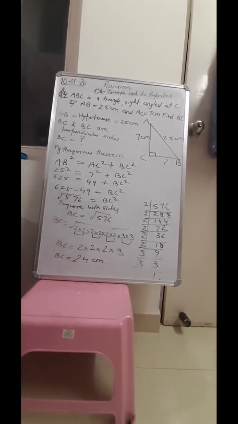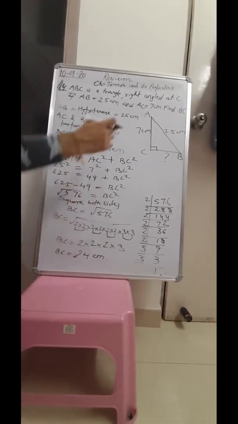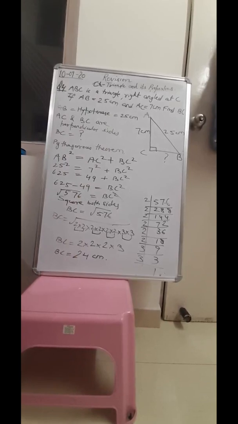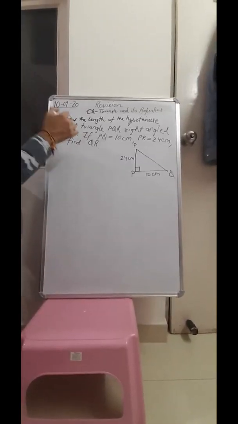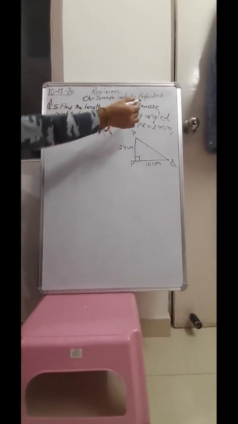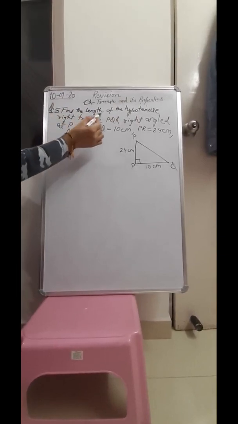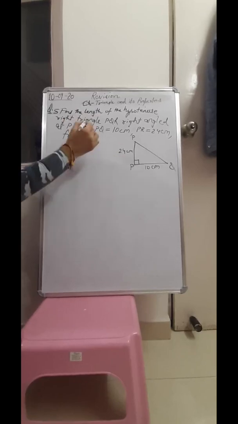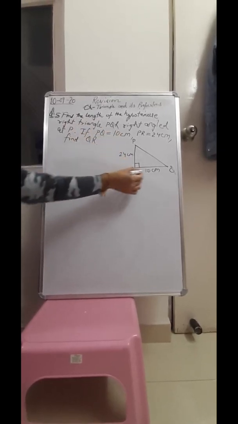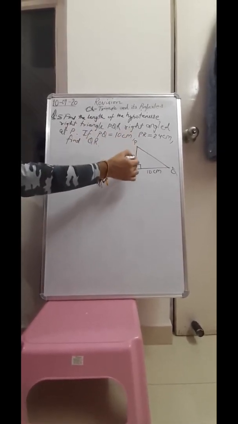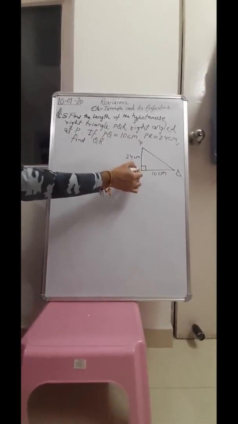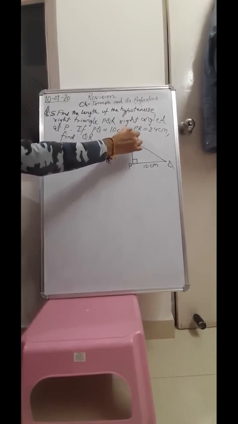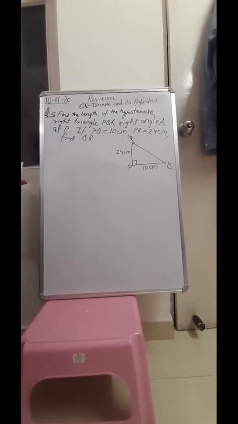So in this way we can find the third side of a right triangle, that is BC equal to 24 centimeters. Question 5. Find the length of the hypotenuse of right triangle PQR, right angled at P, if PQ equals 10 centimeters and PR equals 24 centimeters.